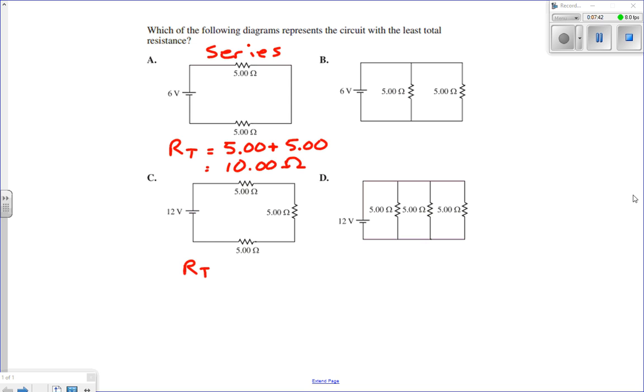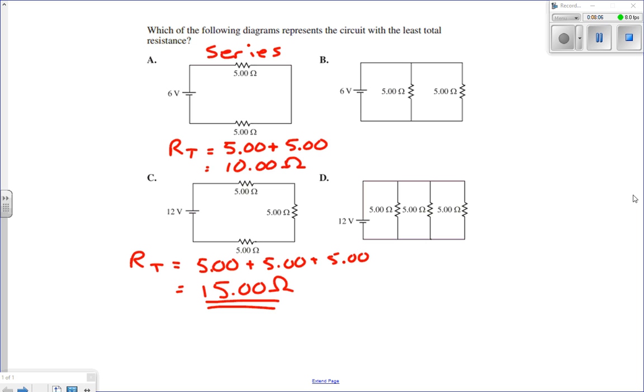The only difference here is we have 3. I'm just going to move this over to make a little bit more room. So total resistance is equal to, this time we just have to add 3 resistors. They're all 5 ohms. So we add them all together, and we're going to get 15.00 ohms for this one.